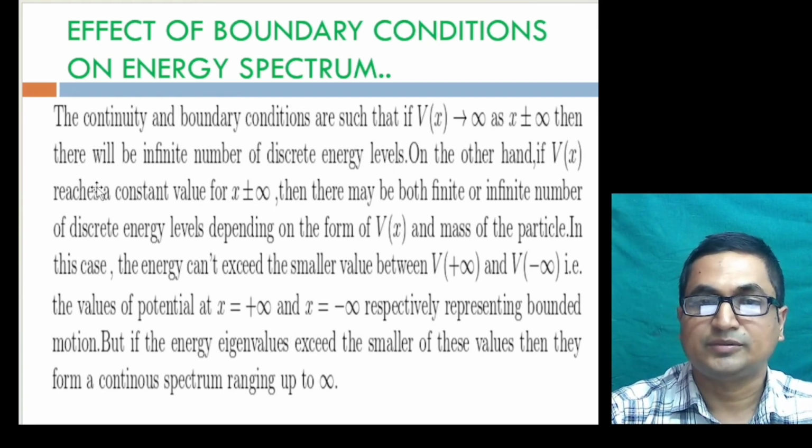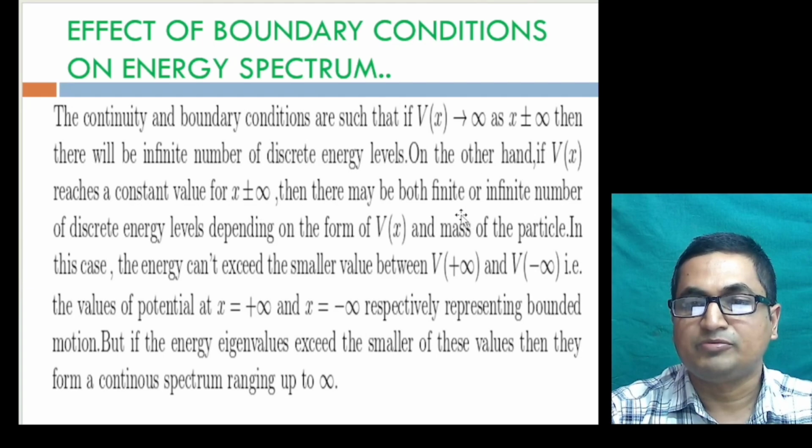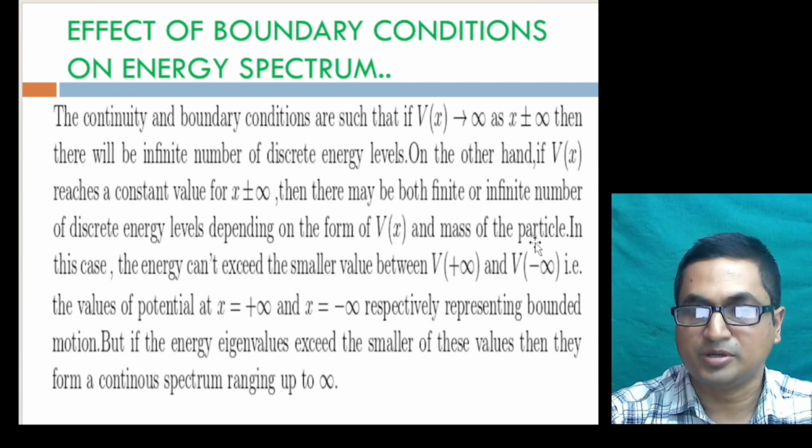On the other hand, if V(x) is a finite value for x tending to plus or minus infinity, then there may be a finite or infinite number of discrete energy levels, depending on the form of V(x) and the mass of the particle.